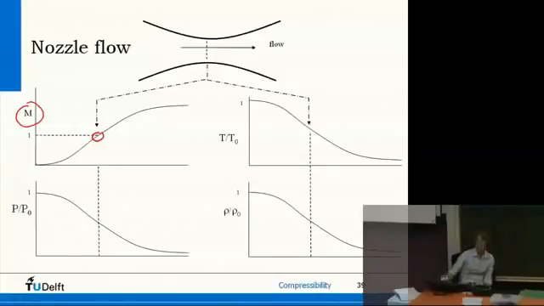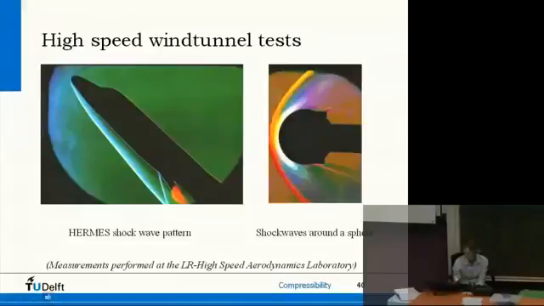Now, this is all still isentropic. So what do the ratios look like? T over T0 starts at 1 in the reservoir, right? T0 over T0 is 1. And that one decreases. Pressure ratio decreases, and density ratio decreases. So this is the way these ratios look like inside a supersonic nozzle.